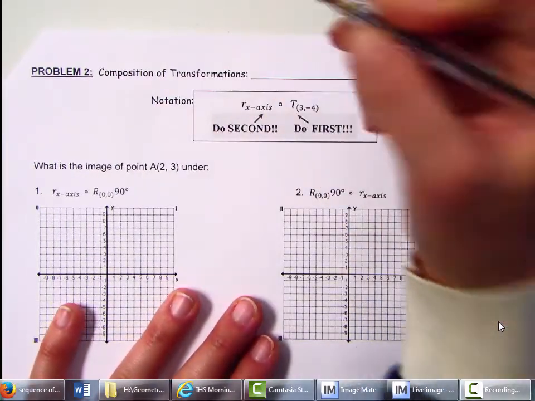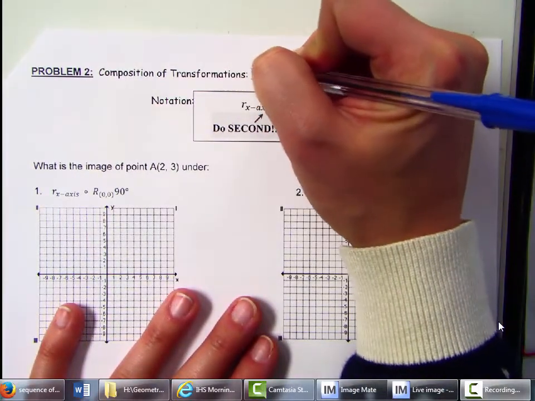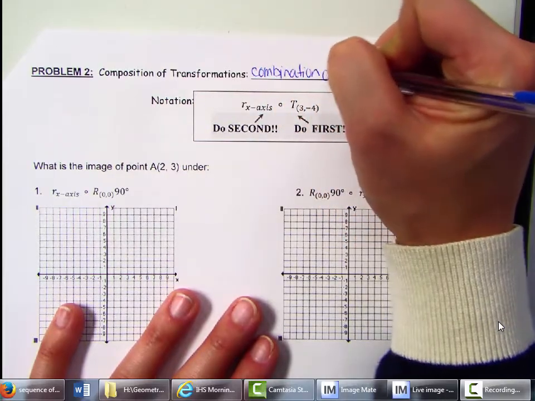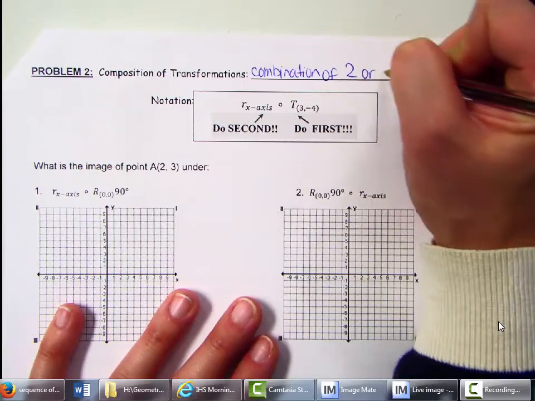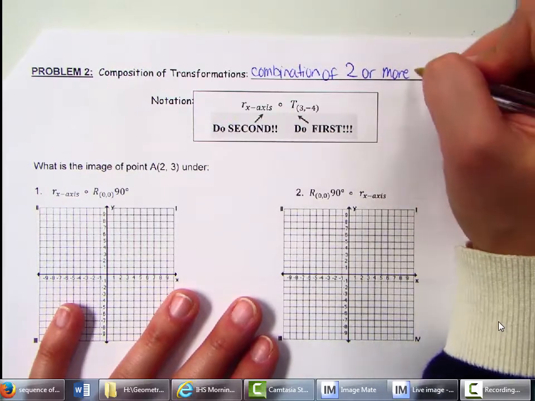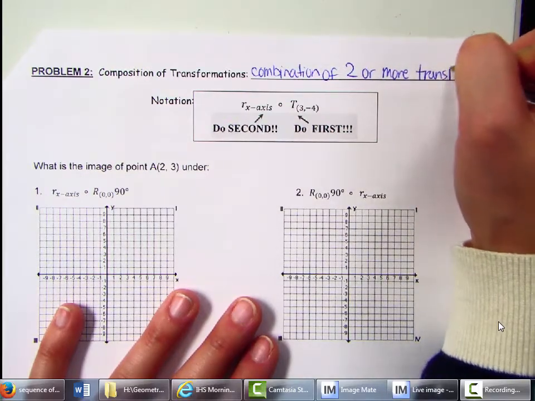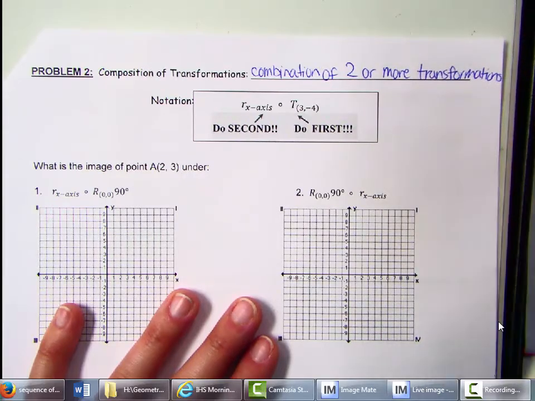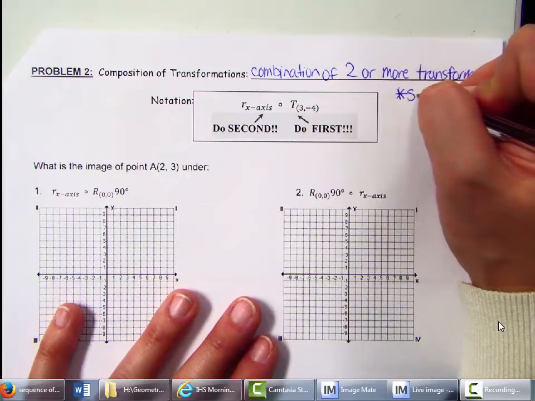A composition is when you do a combination of 2 or more transformations. The one thing that makes it a little different from a sequence, it has to be in a specific order.